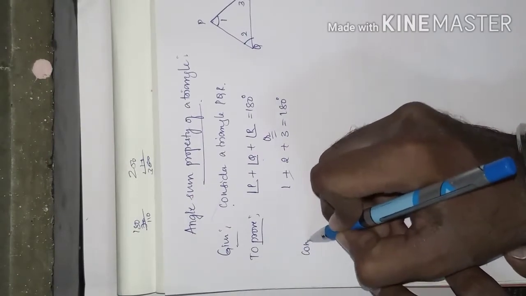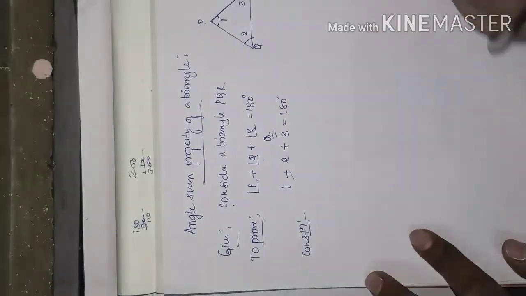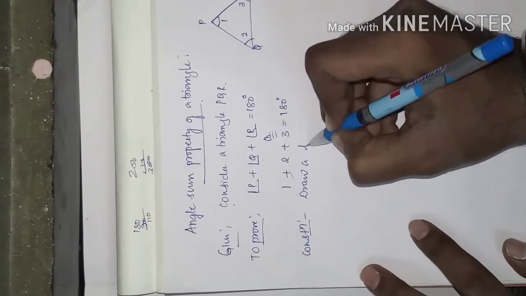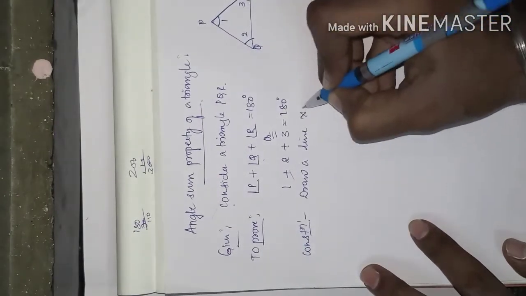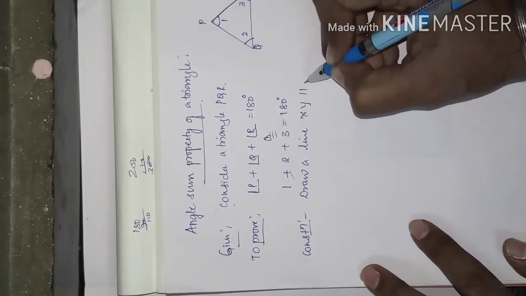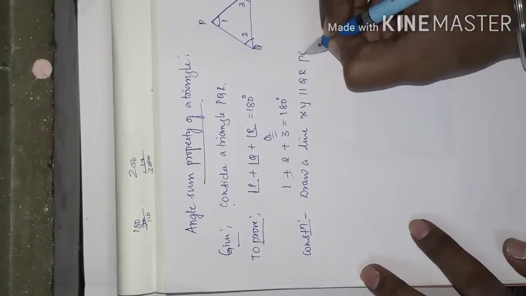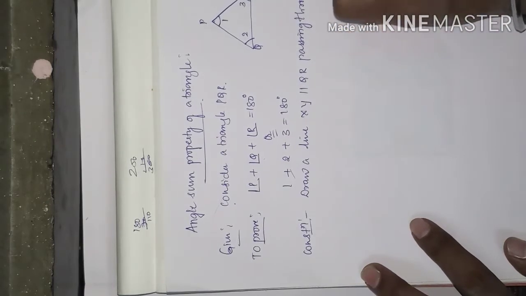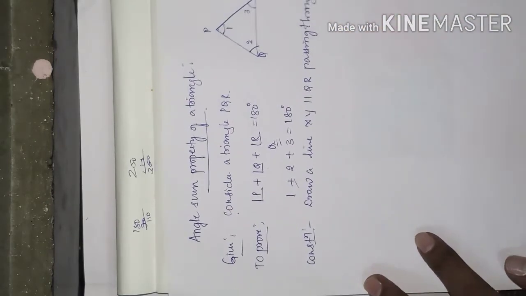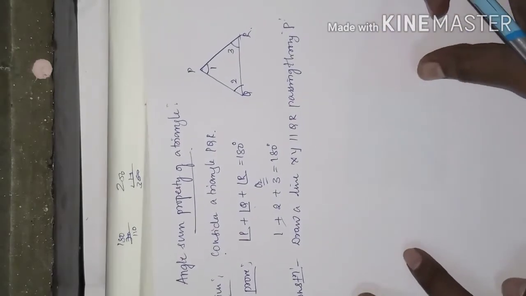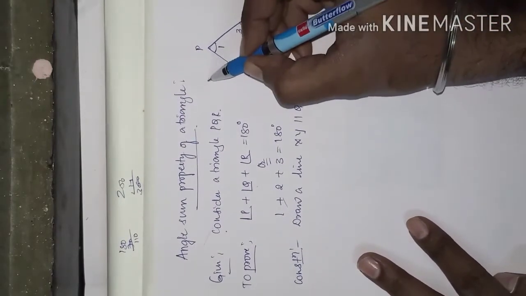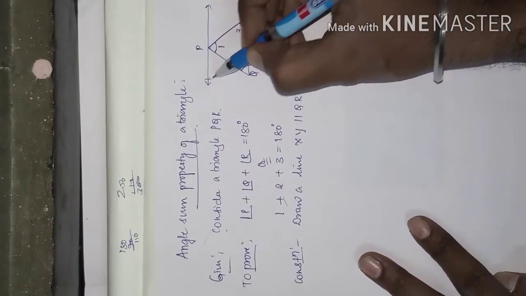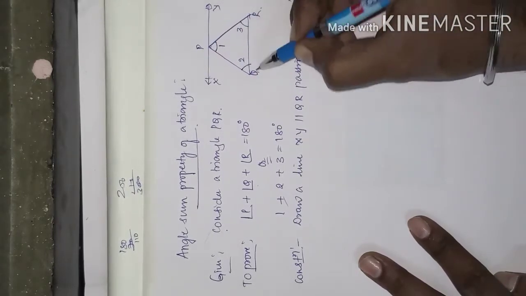Construction part. Draw a line XY parallel to QR passing through P. So let me draw the line segment XY parallel to QR.